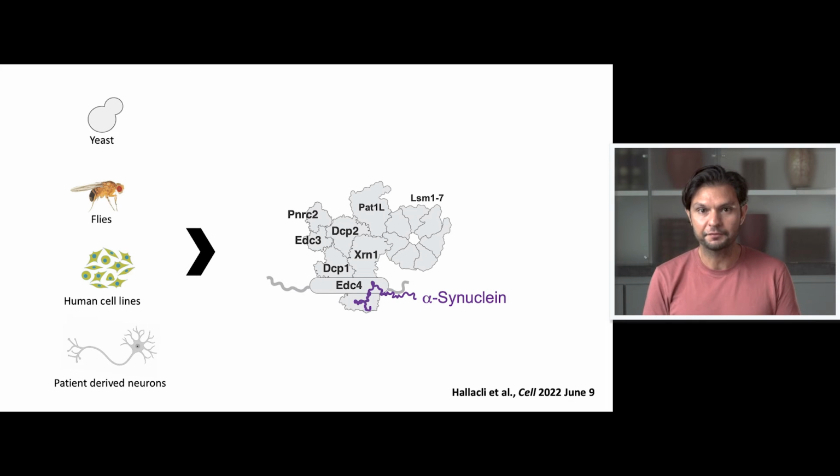In order to hunt for the connection between synuclein and mRNA metabolism, we used several model organisms, ranging from yeast to patient-derived neurons. We also utilized several techniques from yeast genetics, proteomics, and synthetic biology tools.